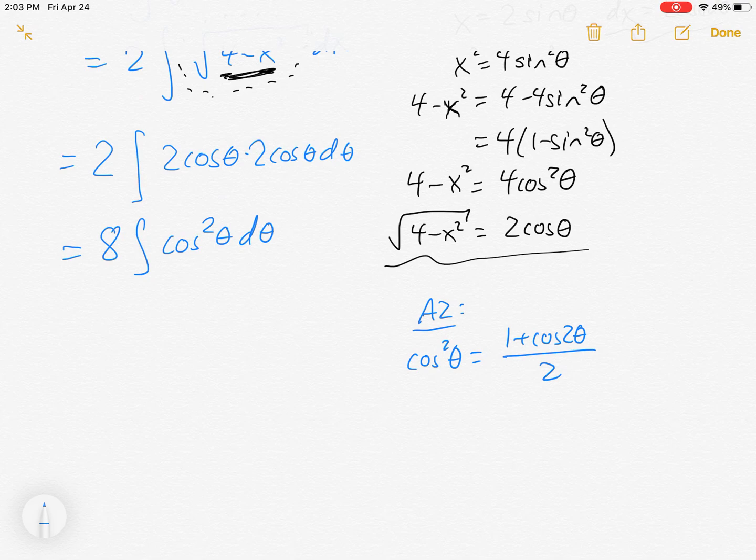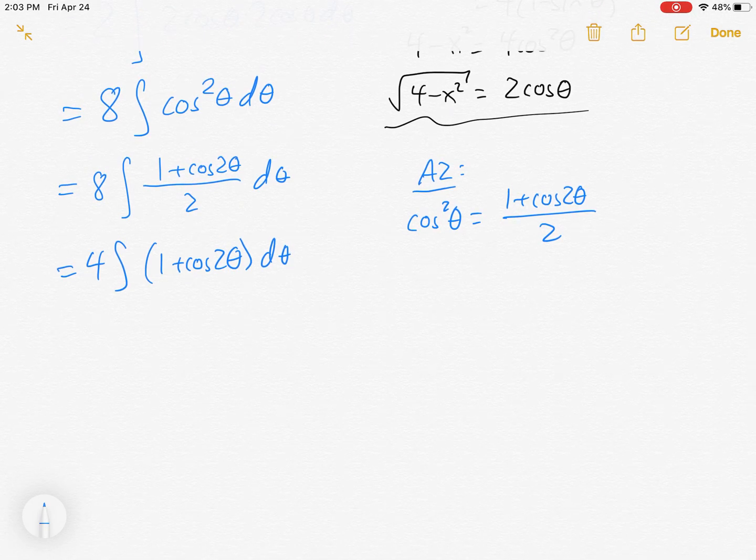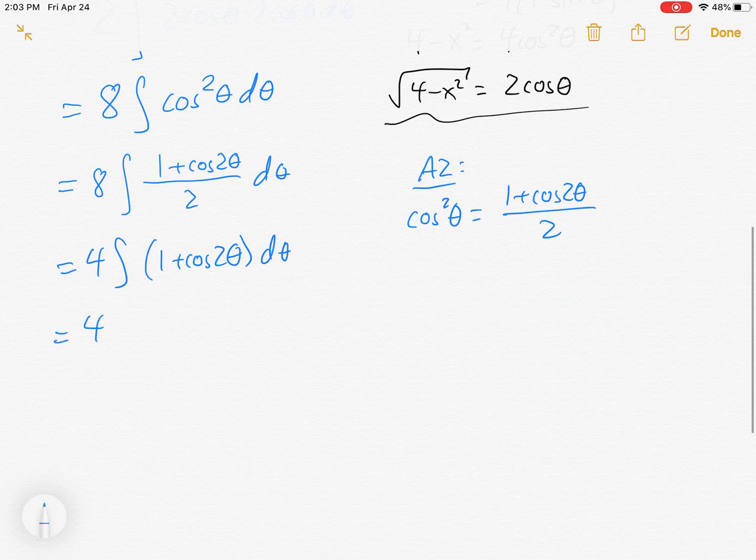You might look back over there, but I'll just make a little note here in my second aside that cosine squared theta we learned back then is 1 plus cosine 2 theta over 2. So we'll use that identity, and we can't integrate cosine squared theta, but we can integrate cosine 2 theta. First of all, the 2 comes out front, becomes 8 over 2, which is 4. And so really this is our problem to work with.